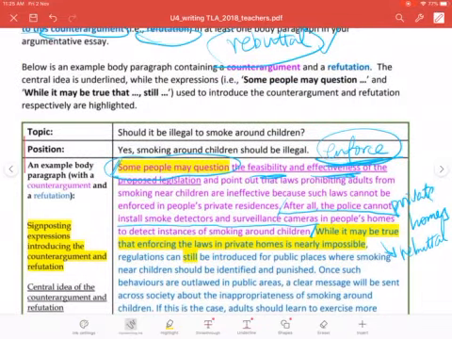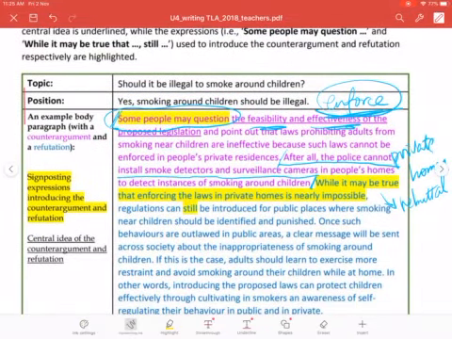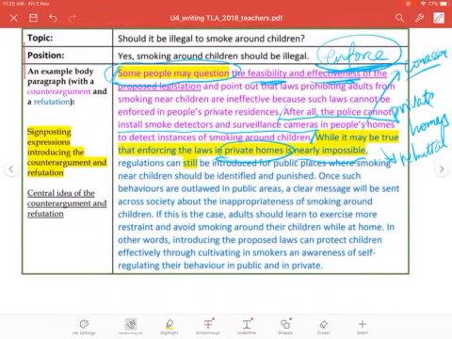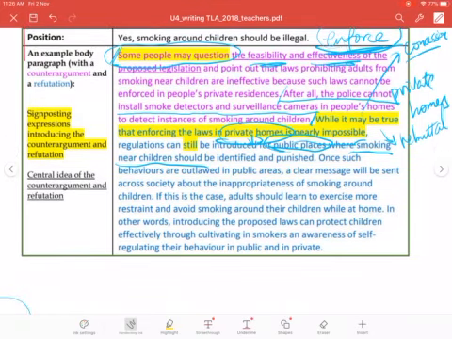Okay, so we have a rebuttal here to say that even though it is not possible in private homes, so this is some kind of concession, right? We call this concession, to concede that this is true. But then we argue that actually smoking could be detected in public places. So we have private homes versus public places, and this is how we are responding to the counterargument. The counterargument is saying that the law cannot be enforced in private homes.